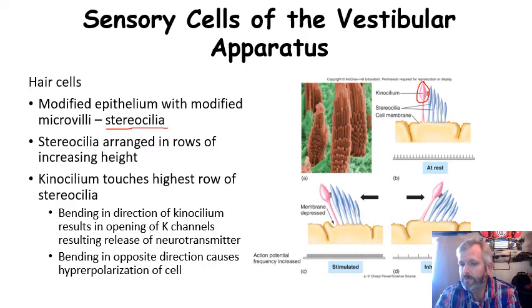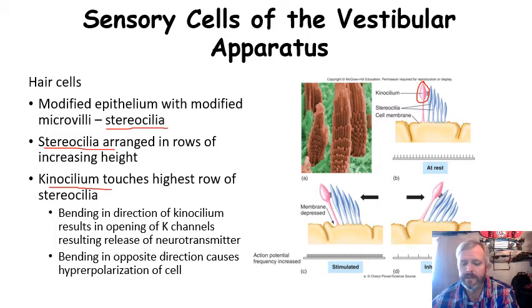It's similar in both organs, the utricle, saccule, and semicircular canals, but we're going to look at how they differ. They're housed a little bit differently. The stereocilia are arranged in increasing height, and then the largest is that kinocilium.